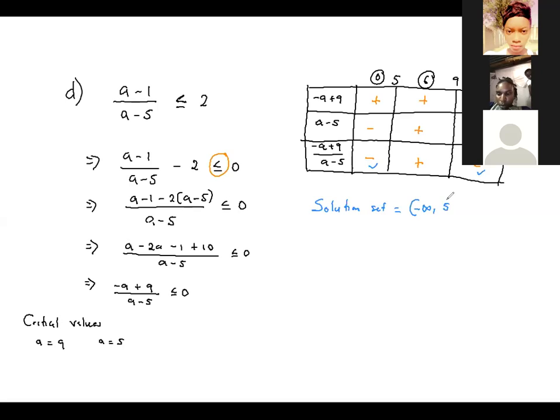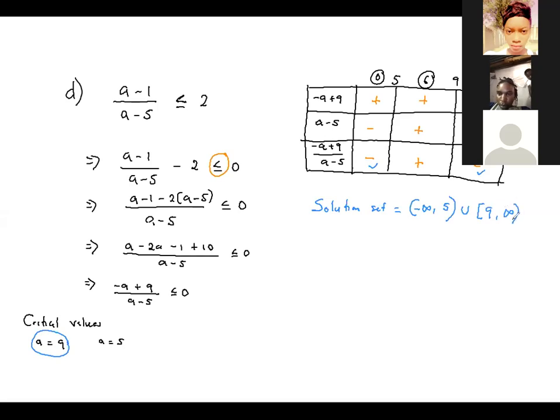Because it's less or equal to, the numerator boundary will be included. The denominator won't be included, because if you include it, you have a 0 in the denominator, which makes everything undefined. So because 5 is also in the denominator, we won't include it. Union 9 will be included all the way up to infinity.